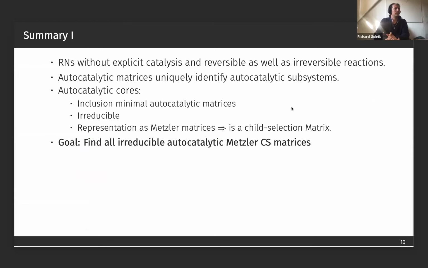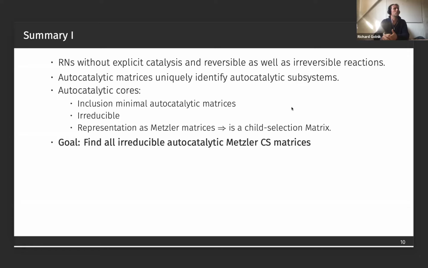Okay, and maybe to sum up this first part, I'm talking about reaction networks without explicit catalysis and where we have reversible and irreversible reactions. With the assumption that we exclude explicit catalysis, our autocatalytic matrices uniquely identify an autocatalytic subsystem in the network, in the graph. And we have also seen that autocatalytic cores satisfy a lot of the properties we were looking for.